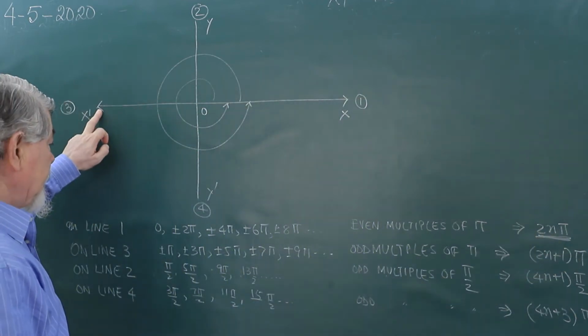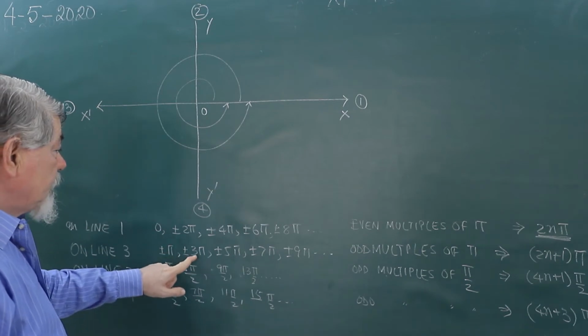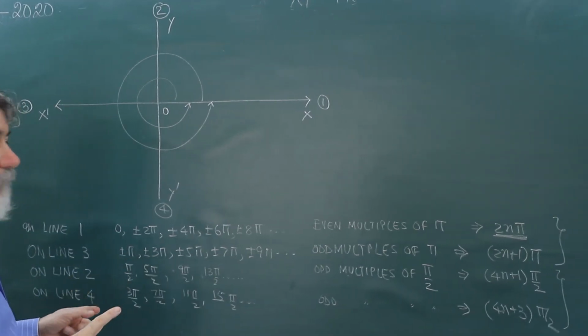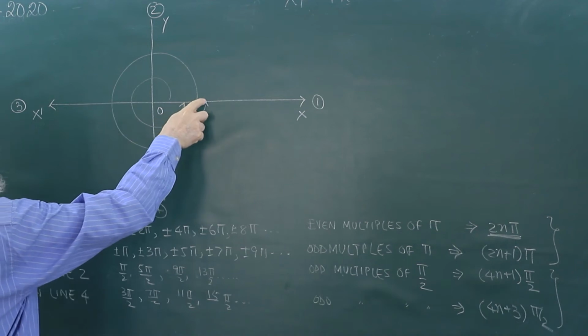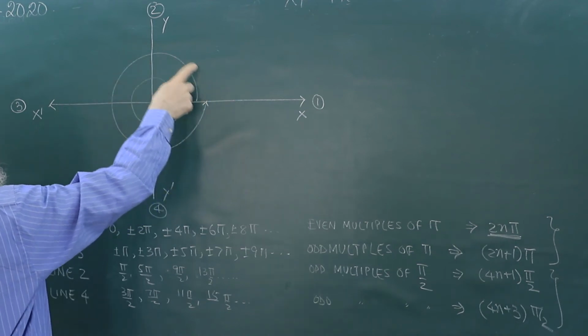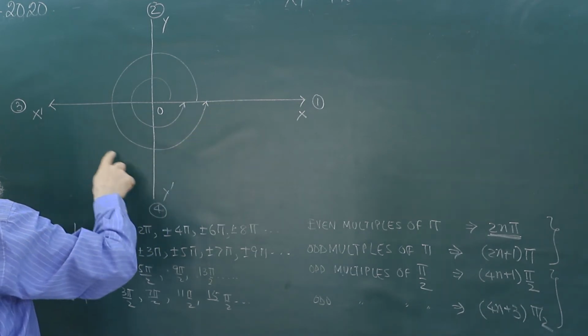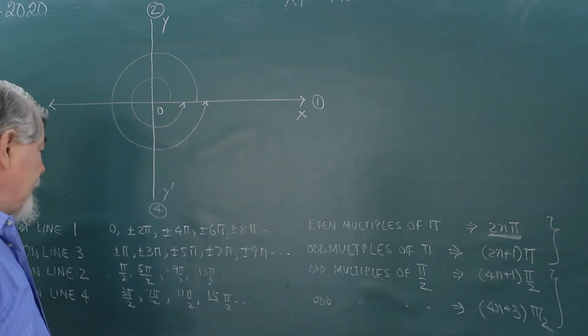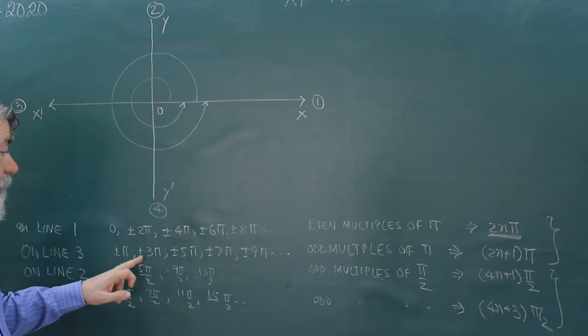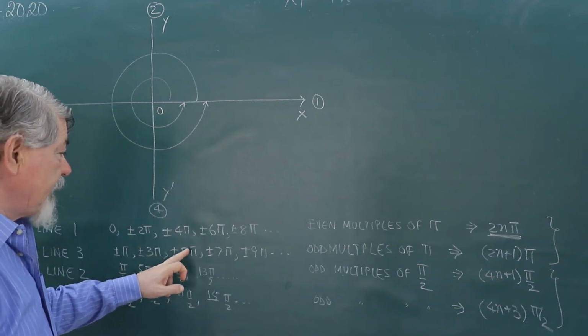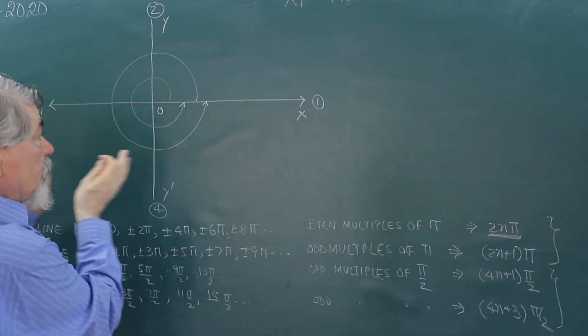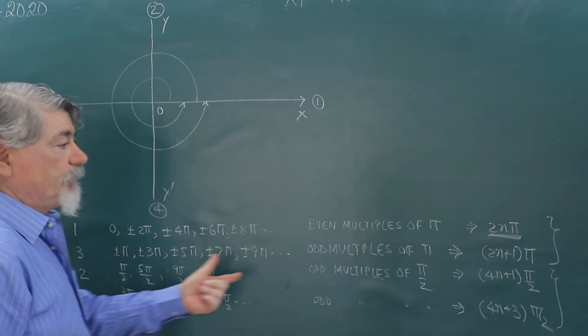On line 3, we'll get values pi, 3 pi, again plus minus pi, because if I go in the anti-clockwise direction, I get plus pi, but if I go clockwise, I'll get minus pi, plus minus 3 pi, plus minus 5 pi, plus minus 7 pi. On this side, we'll get odd multiples of pi.